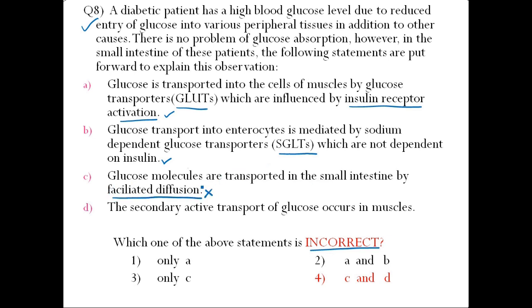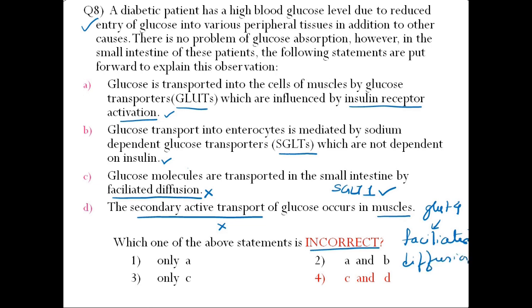This is wrong, because glucose enters into the small intestine through SGLT1, and this works by the process of secondary active transport, not by facilitated diffusion. The secondary active transport of glucose occurs in muscles. In muscles, GLUT4 is involved. Secondary active transport is wrong. This GLUT4 works by the process of facilitated diffusion. So C and D are wrong. So the answer is option 4.